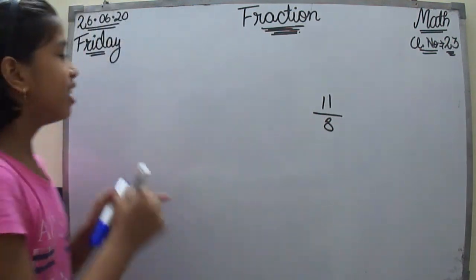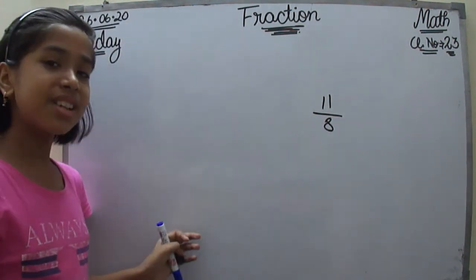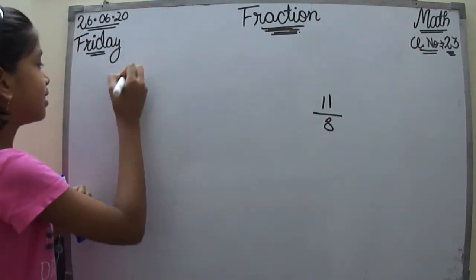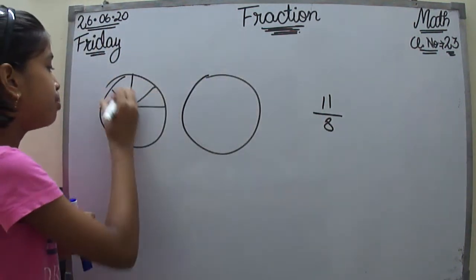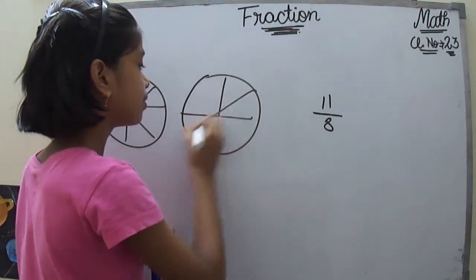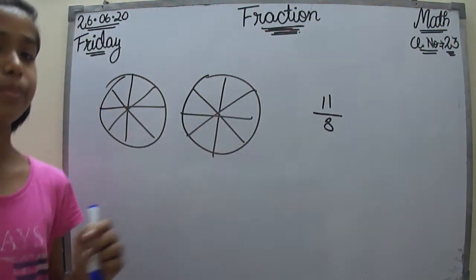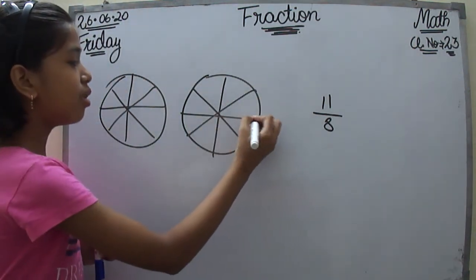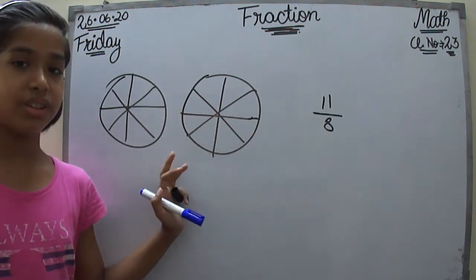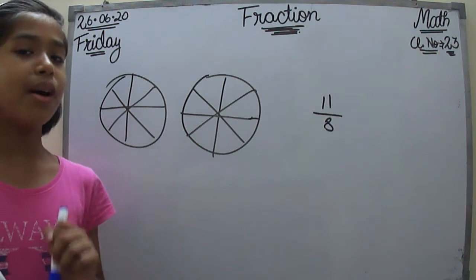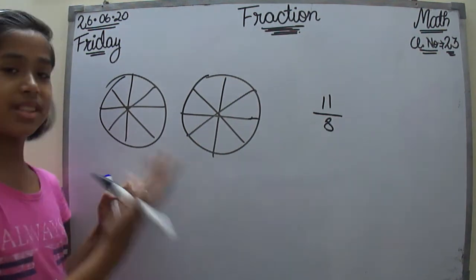Let's see. This improper fraction is very simple. Let's have a look. Now if I have 2 pizzas, something like this, and these 2 are each divided into 8 parts. Now let's see a very interesting thing.